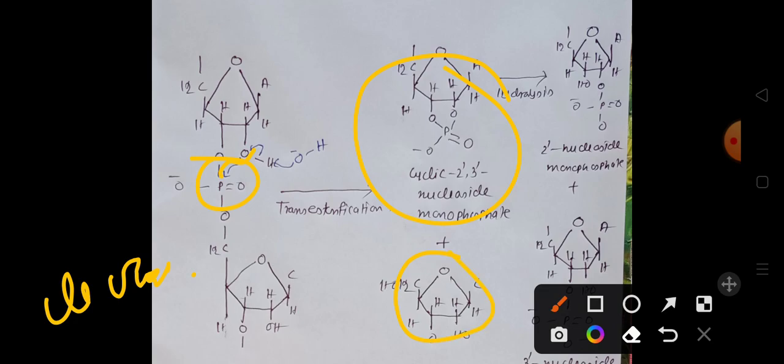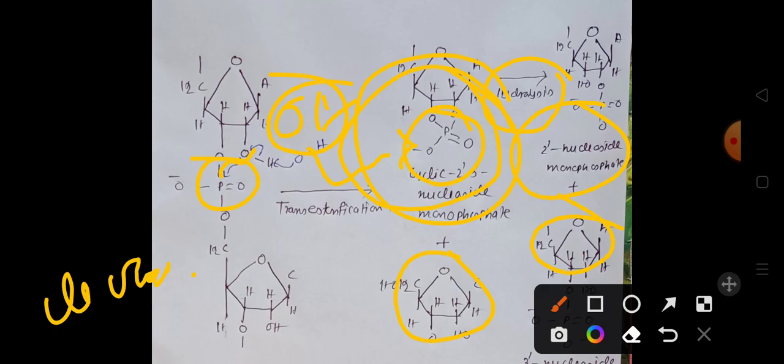Now this monophosphate will be hydrolyzed again by another OH group, which will act on the 2' 3' monophosphate, leading to the formation of 2' nucleoside monophosphate and 3' nucleoside monophosphate. That's how it is done in the case of RNA.